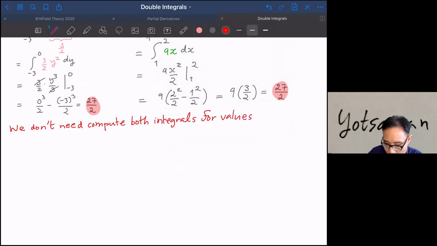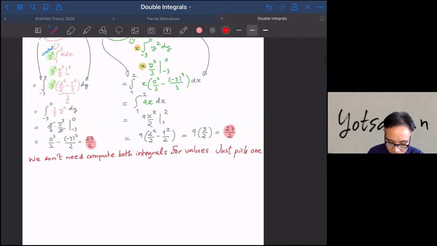Just pick one. You basically just pick one integral, and if you compute it correctly, you're going to obtain the same solution, or same final answer anyway. That's the thing that I'd like to remark first.